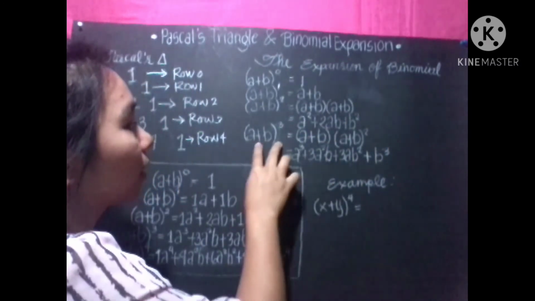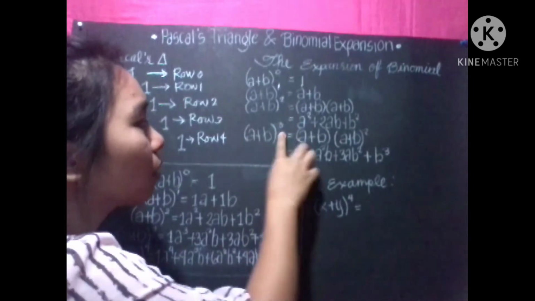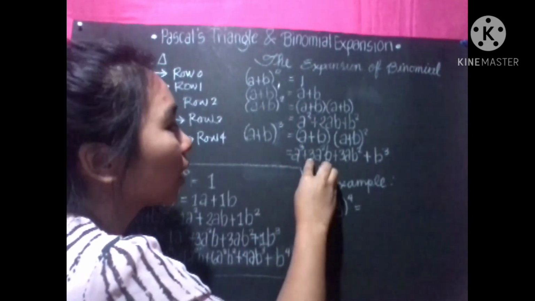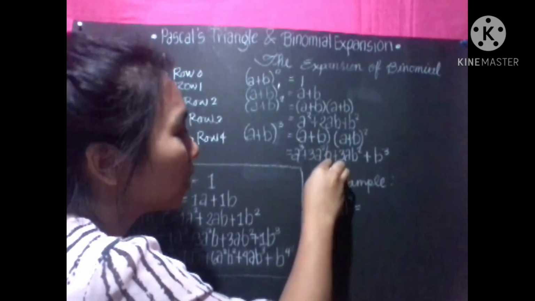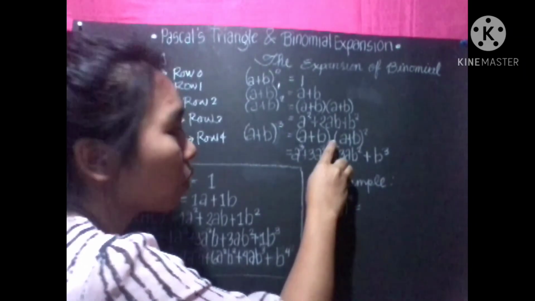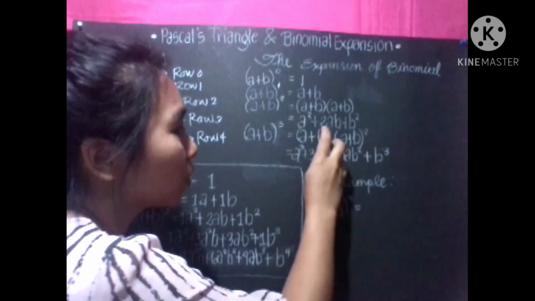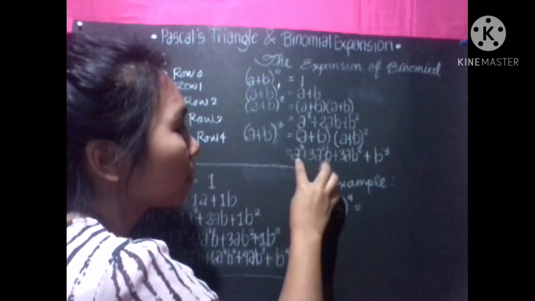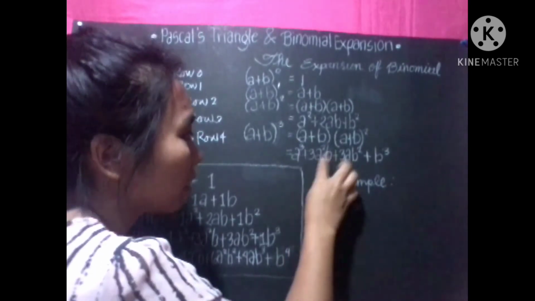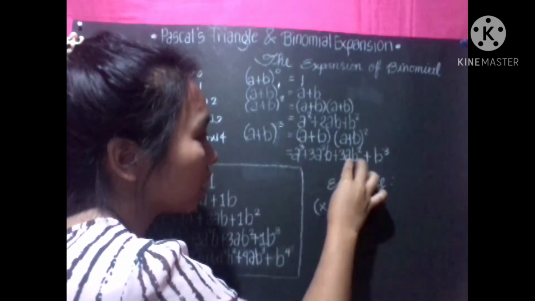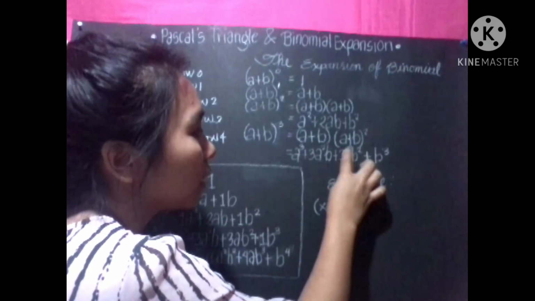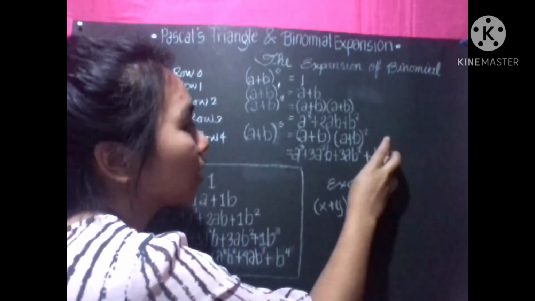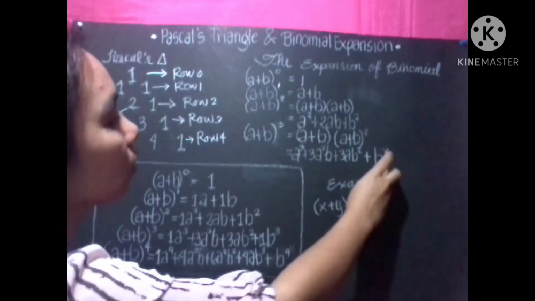Another one, the power of 3: the result is a cubed, 3a squared b. B has 1 power, so it also results in 3. This must be 3, this 3, so 1 plus 2 is 3, and the last must be 3 also.